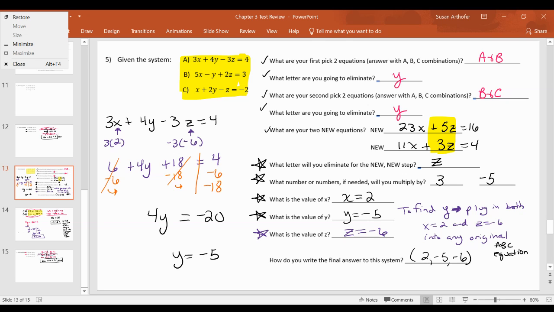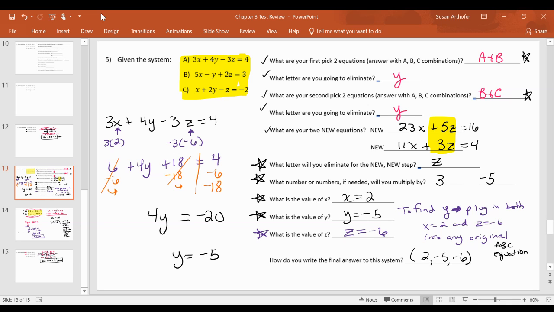Okay. All right, well, if you chose different combinations than A and B, B and C to eliminate y, and you want me to discuss that with you, just go ahead and email me. Just tell me, Miss Artofer, can you do number 5 to eliminate a different letter? I chose to eliminate X, and I just need some help with that.